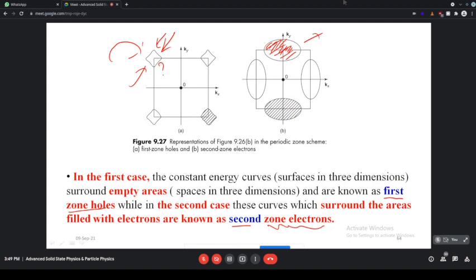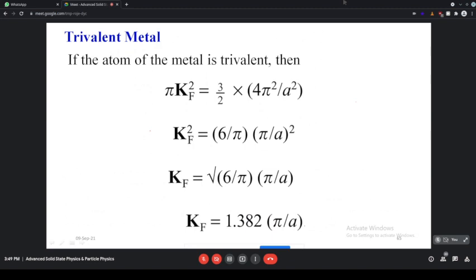Yes, is this clear? Because these are the filled energy levels, these show electron-like behavior, and because these are the Fermi surface from the second zone, this is a second zone electron, and these are the empty energy levels of the first zone, that is why these are the first zone holes. Any problem up to this?